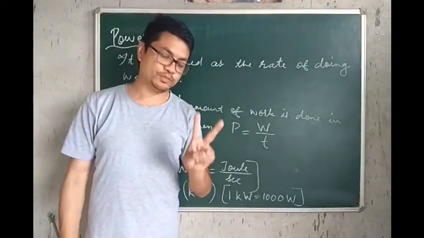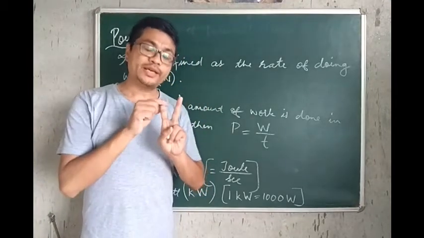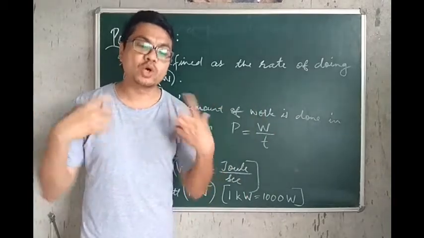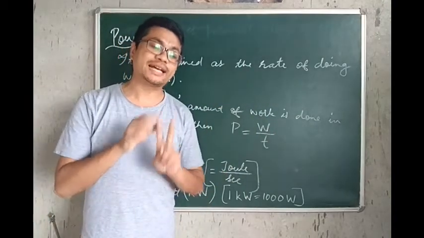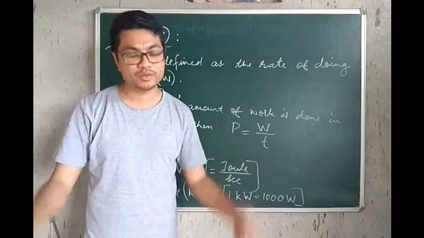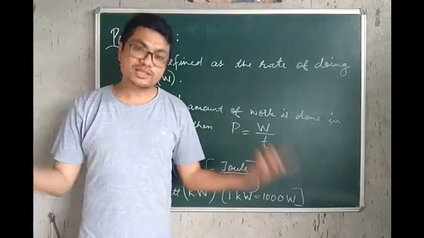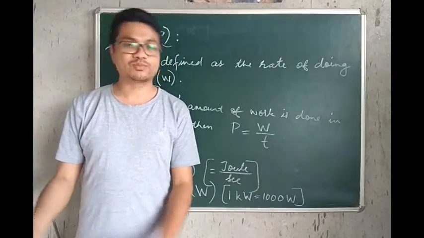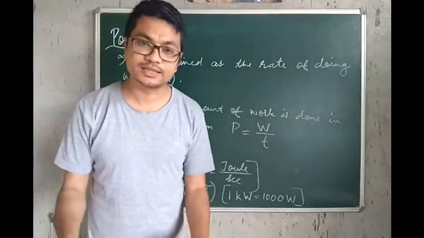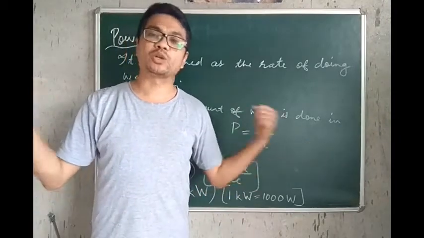Like I have two persons A and B. A can do a larger amount of work in 1 hour than B can do. In the same 1 hour, B can do a lesser amount of work. So, who has more power? A obviously has more power. Whoever can do more work in a certain time, that person has more power.